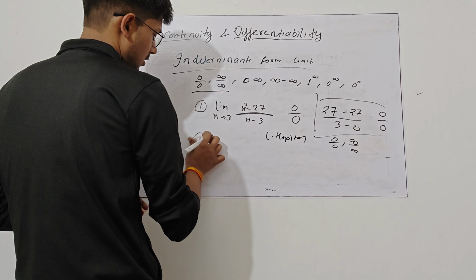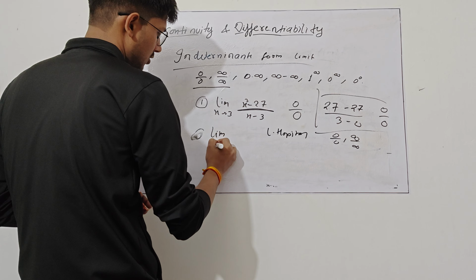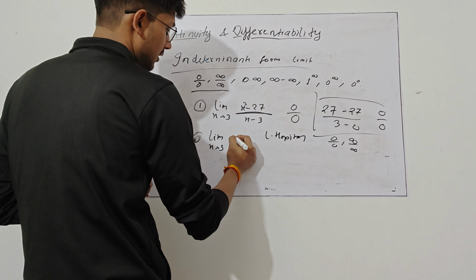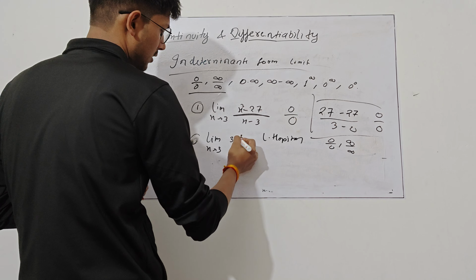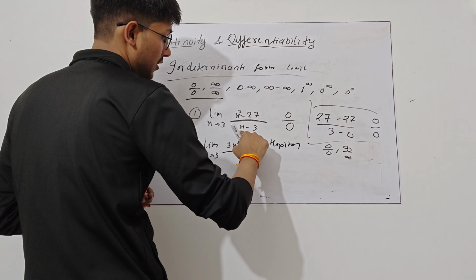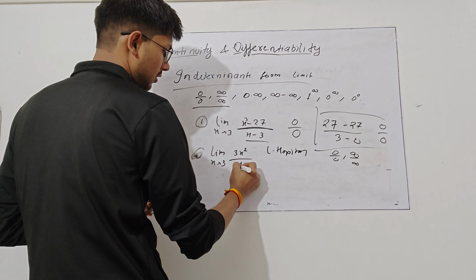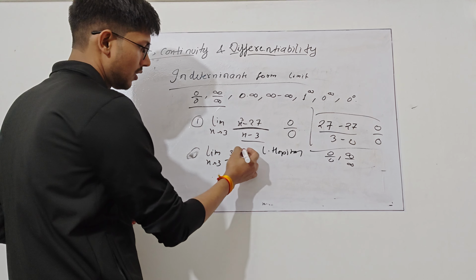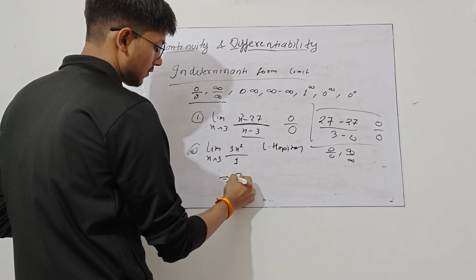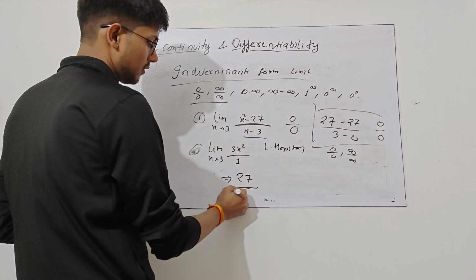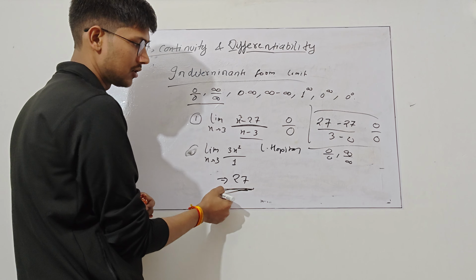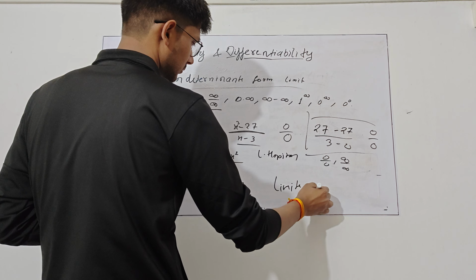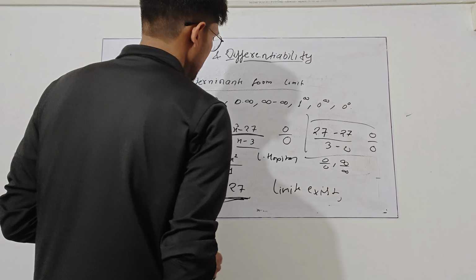So limit x tending to 3, we differentiate this, we get 3x square, and when we differentiate the denominator, we have 1. When we put x tending to 3, we have the value 27. So this exists and exists finitely. So our limit exists.